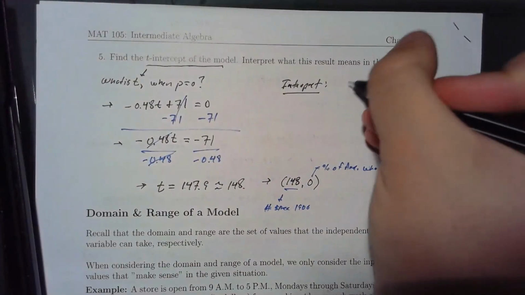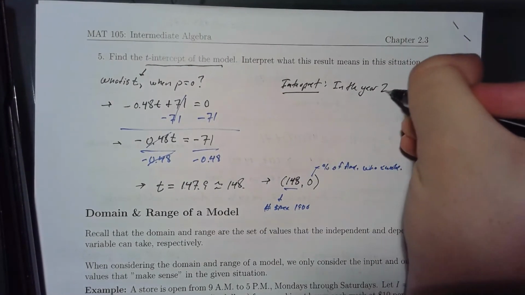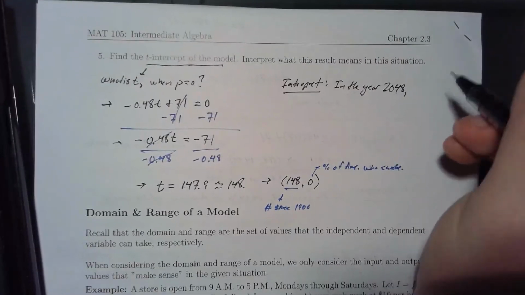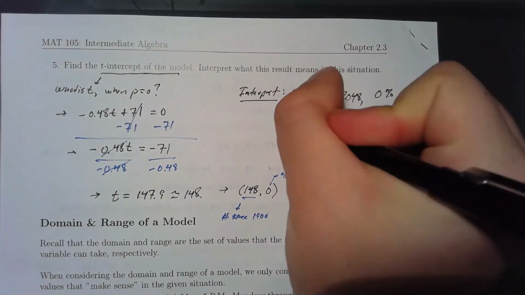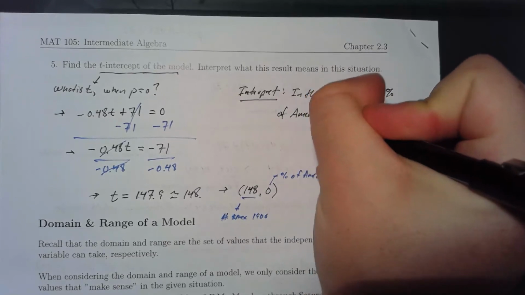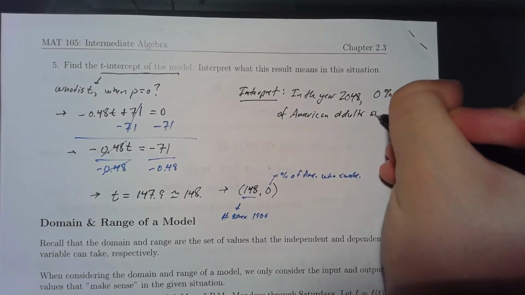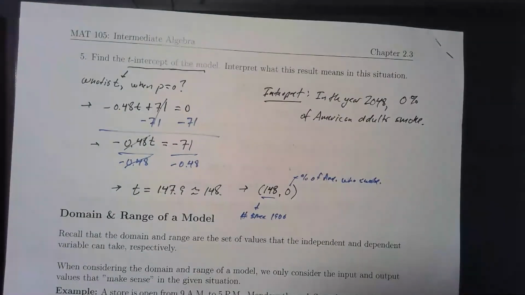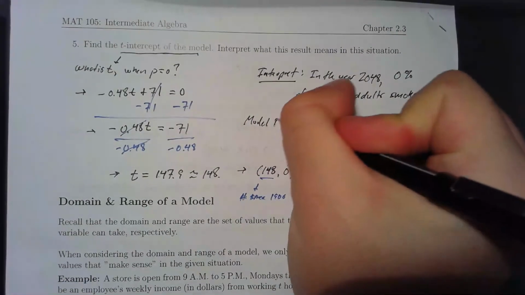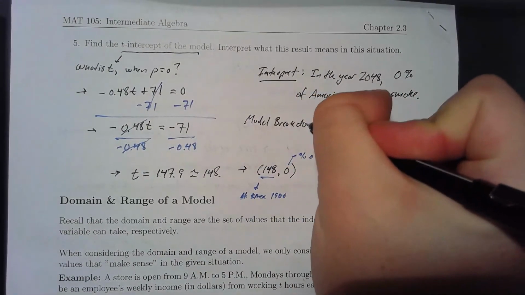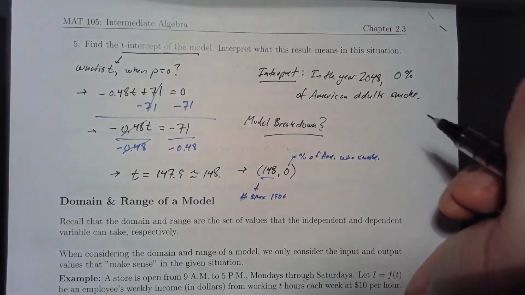So that's in the future. In the year 2048, 0% of American adults smoke. Is this model breakdown? Yes or no, and why?